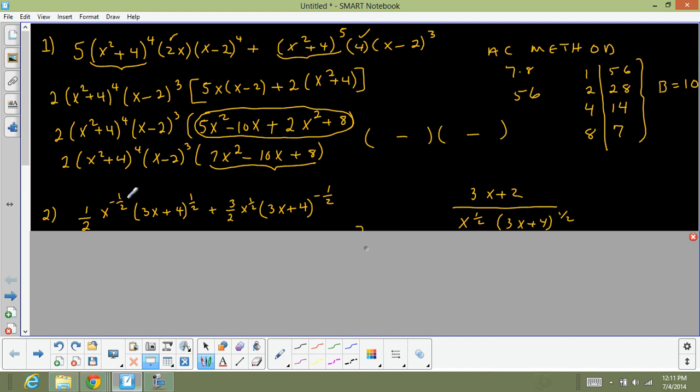So again, if you'd like to at this point, you can stop the video and see if you can do the algebra of factoring this expression to get to this final answer over here. The expression is 1/2 x to the minus 1/2 power times the quantity 3x plus 4 to the 1/2 plus 3/2 x to the positive 1/2 power times again the quantity 3x plus 4 to the negative 1/2 power.